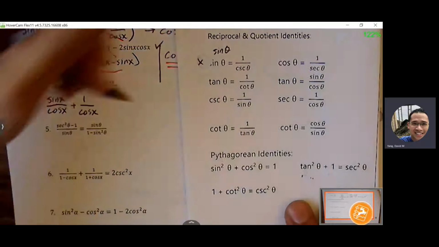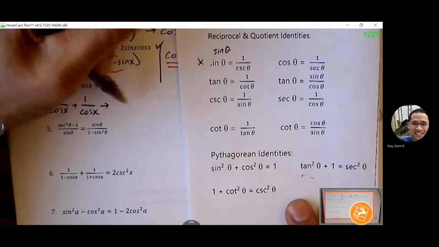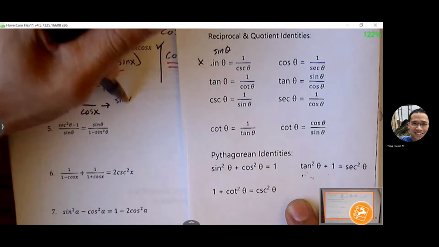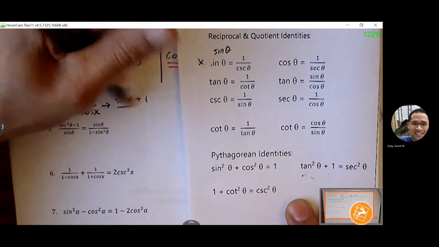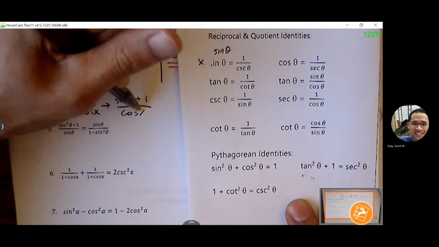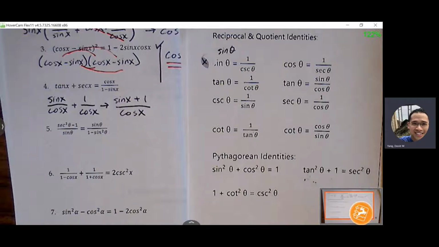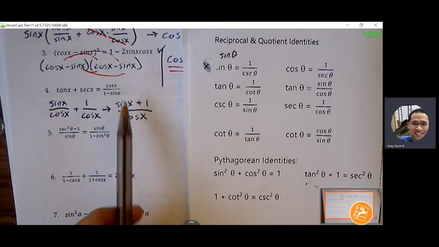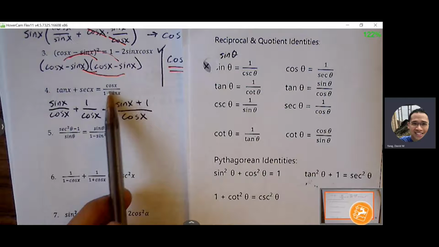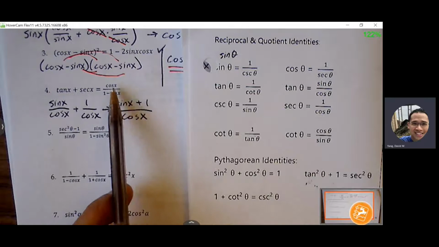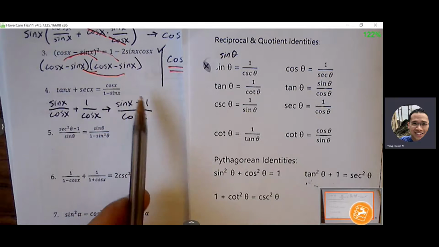There are some challenges ahead for us. So I have sine x plus 1 over cosine of x. Always checking to see where our end goal is, right? Things are flipped around.